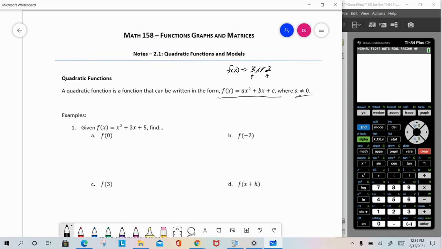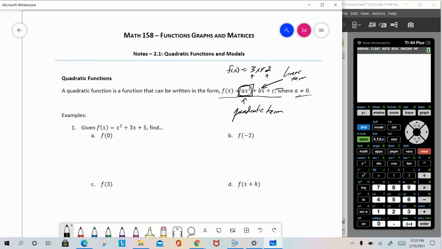This is linear because there is no ax squared term. In fact, that ax squared term is called the quadratic term. The bx is called the linear term, and the c is called the constant term.